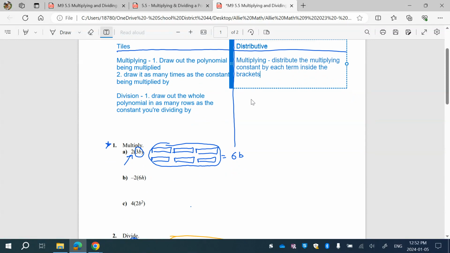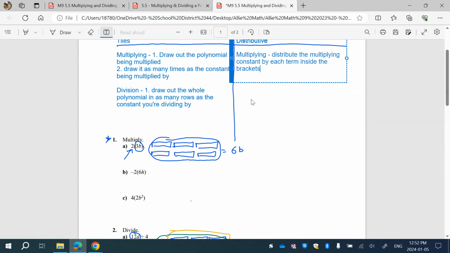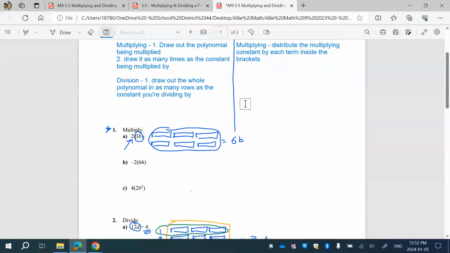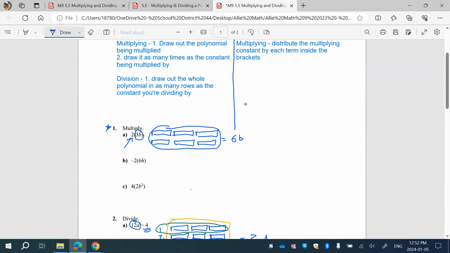Okay, so you just need to distribute the multiplying constant by each term inside the brackets. What does that mean, distribute? It means that you multiply this constant by the term inside. So negative 2 times 6h is going to be negative 12h.